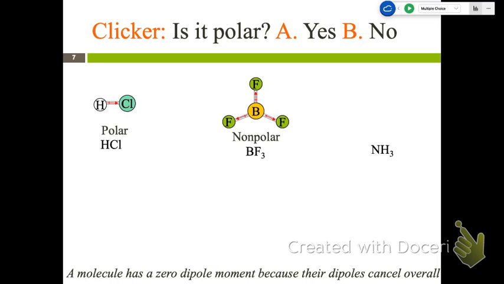Let's pick up the pace a little bit on these. Go ahead and do NH3. Polar or non-polar?